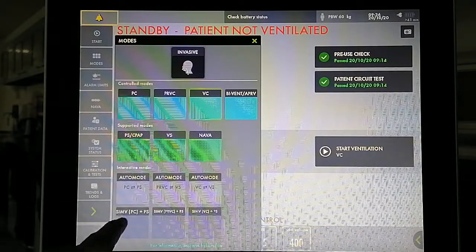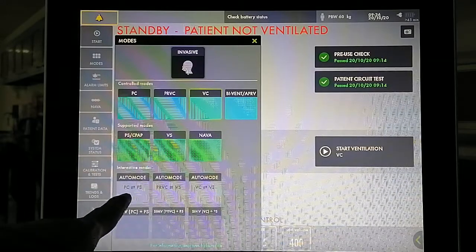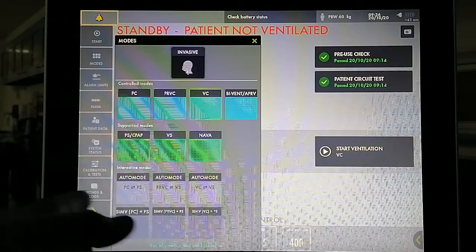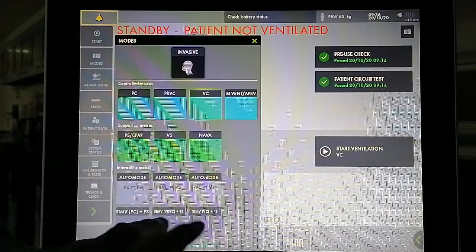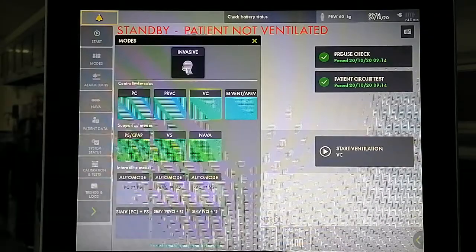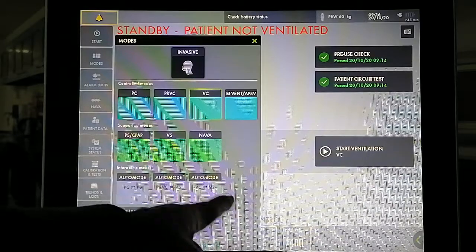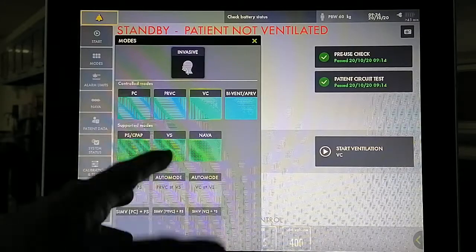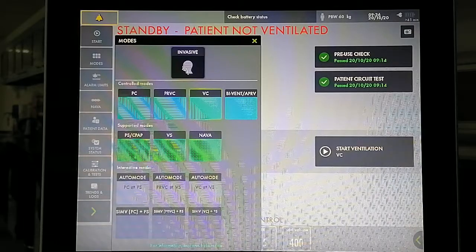We have 3 auto modes: PC, that changes into pressure support and back; PRVC, that goes back and forth to volume support; and volume control, that transitions into volume support, or from volume support to volume control. So these are the auto modes.